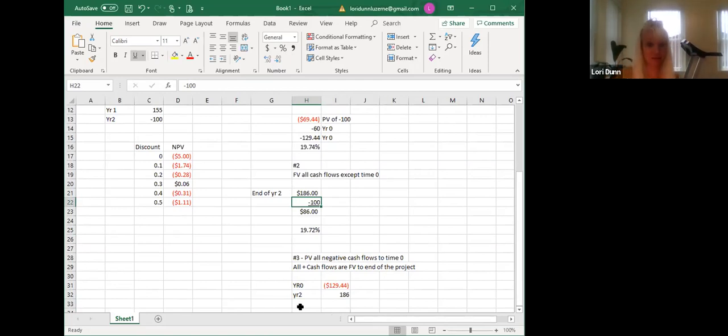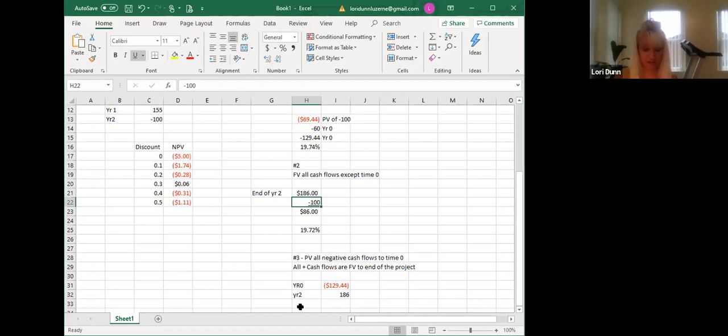So now calculate your internal rate of return from that perspective. You'll start with the negative 129.44, comma, bracket. At the end of year 1, your cash flow is 0. At the end of year 2, it's 186 positive.